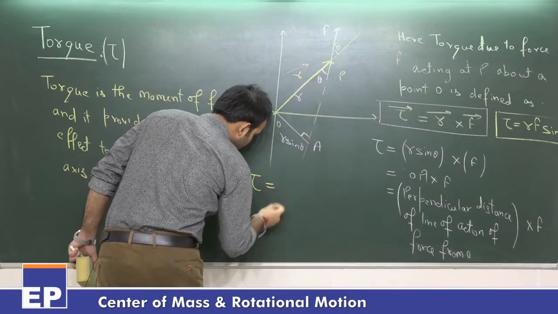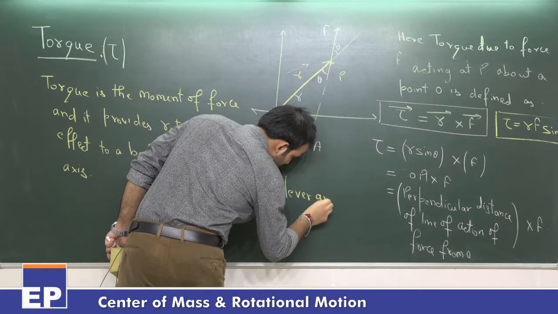So torque magnitude is also written as lever arm into F.